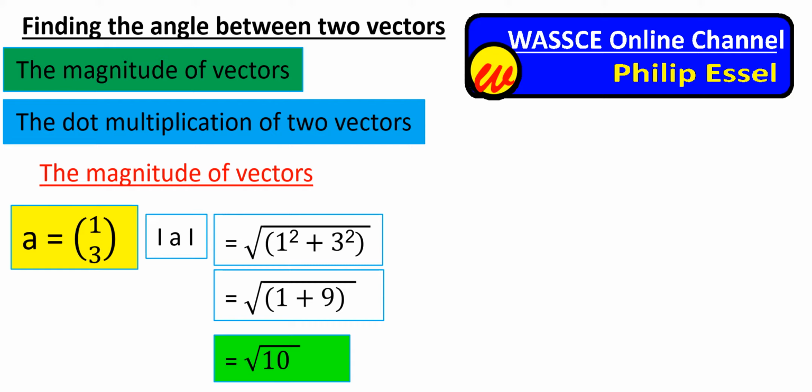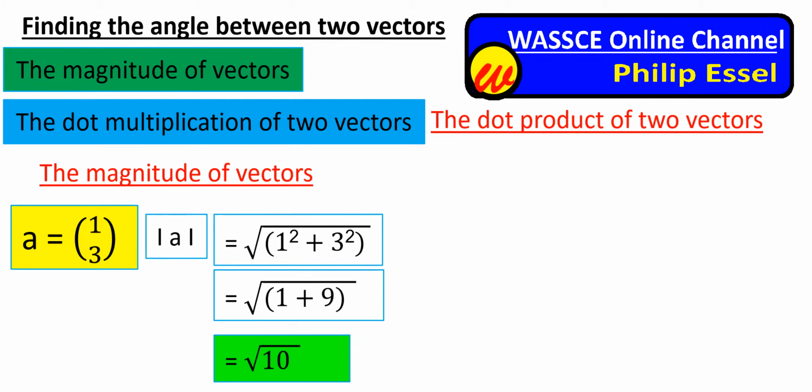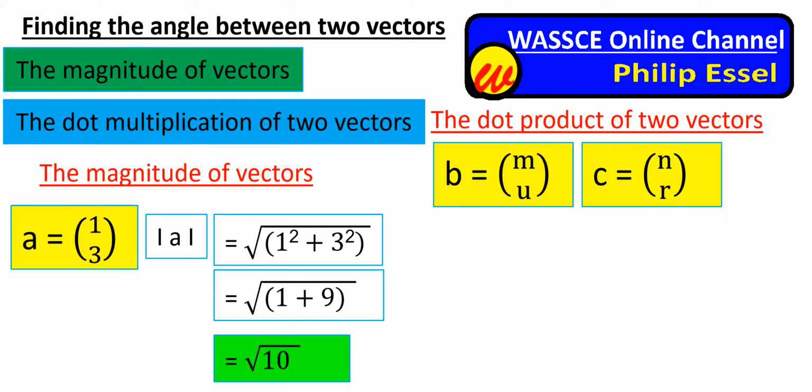Let's look at the dot multiplication of two vectors, or what you also call the dot product of two vectors. So if you have the vectors B and C, the vector B is equal to (m, u) and the vector C is equal to (n, r).